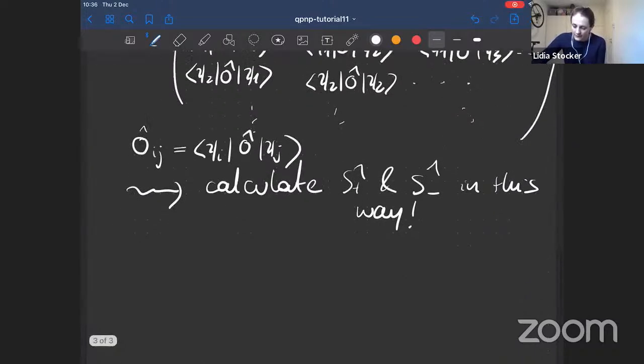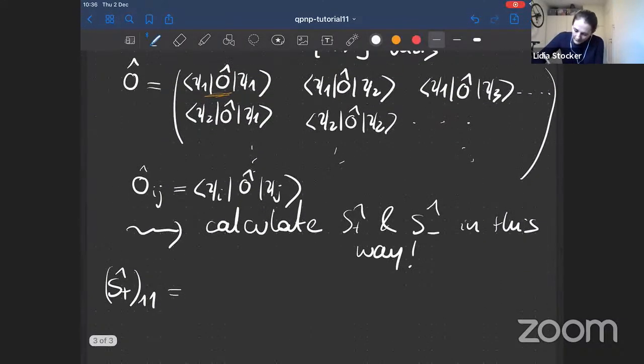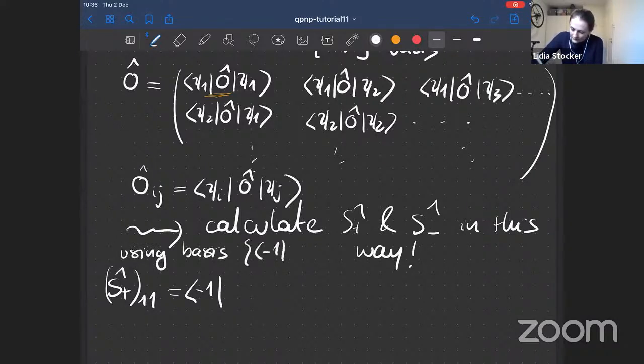How? For example, S plus of 1, 1, I'll write it now. So this would be the element here. This is given by minus 1, using the basis again, minus 1, 0, and 1 as defined before.